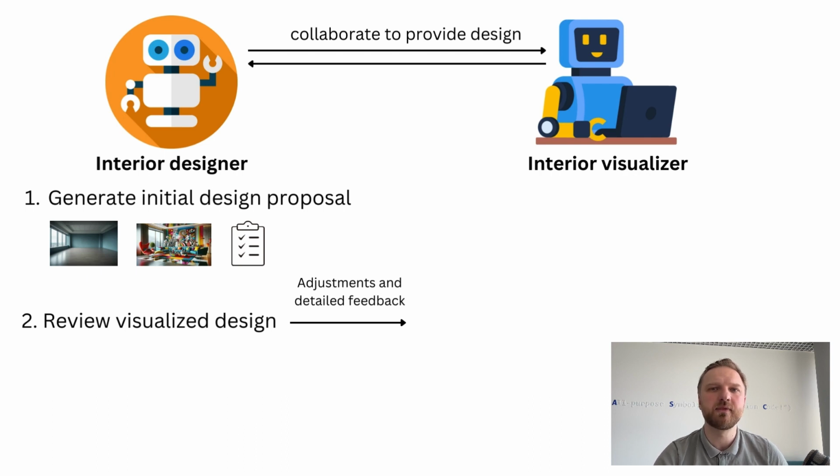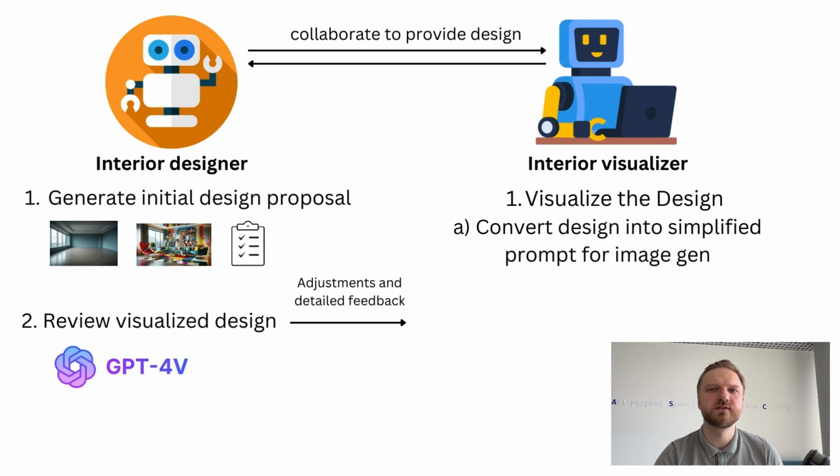To make this happen, our design agent will heavily rely on the OpenAI GPT-4 Vision model. On the other hand, the interior visualizer agent will be responsible for converting the detailed design description generated by the interior designer into simplified and effective prompts suitable for image generation systems.